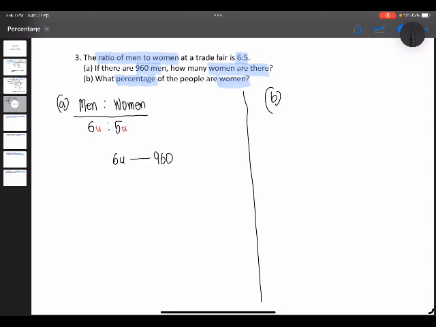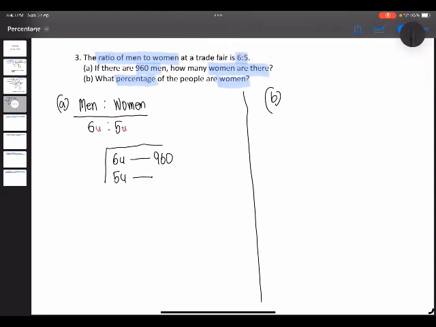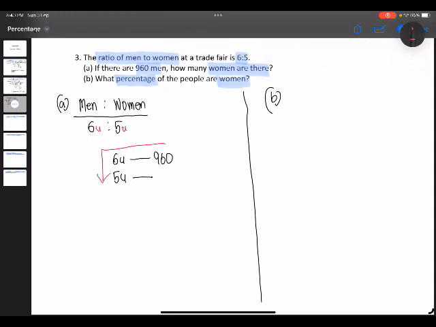So the women represent 5 units. So the 5 units is equivalent to the shortcut I've taught you, which involves what is the line here? The divide sign. What is the down line for? For the times.